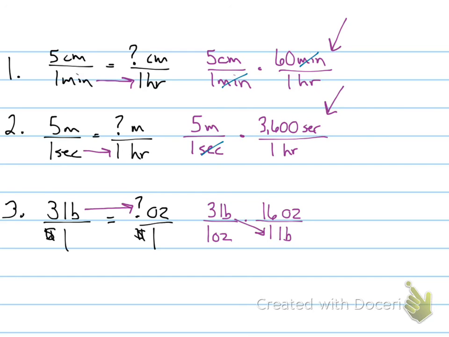My seconds cancel out. And now on the third one, my ounces cancel. And now I'm just left with 48 ounces in $1. 48 ounces per dollar.